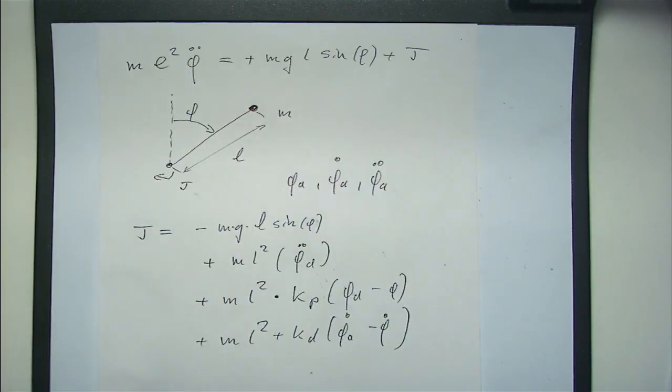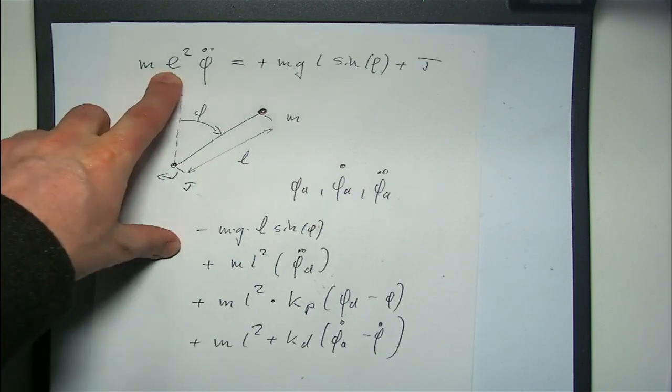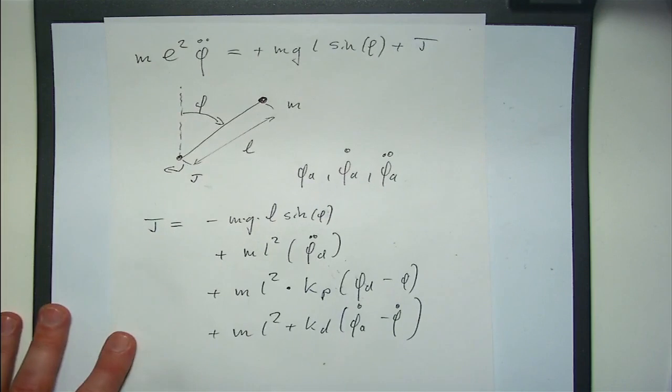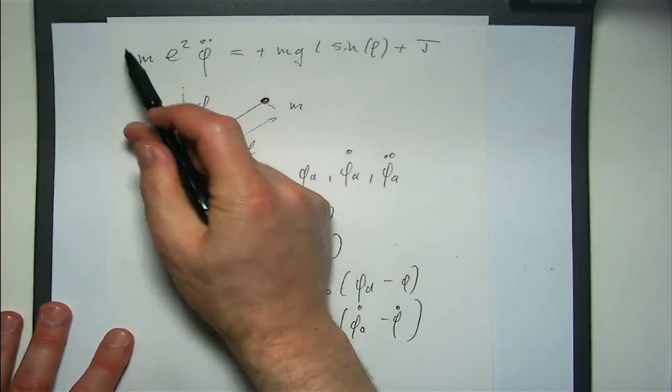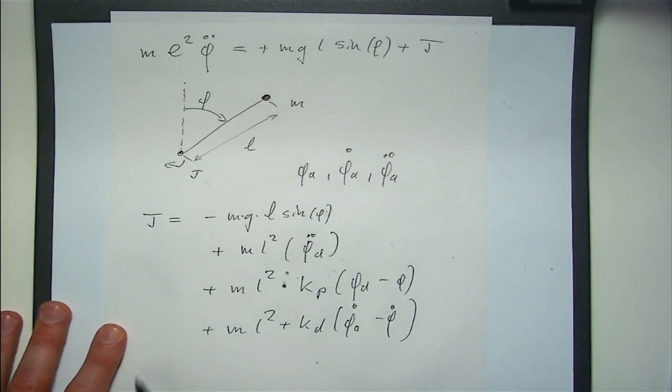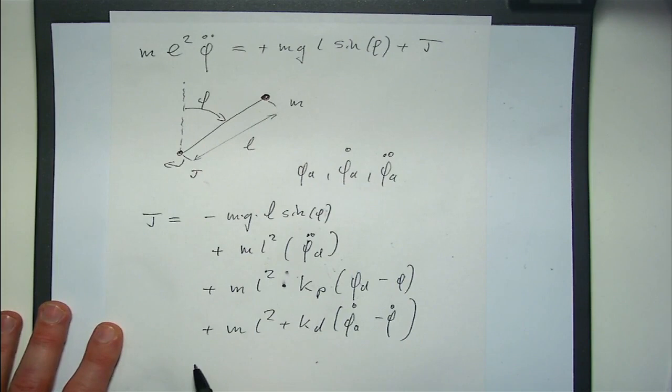So we have our inertia ml squared, and we can easily invert our inertia matrix, or just the inertia value in this way.